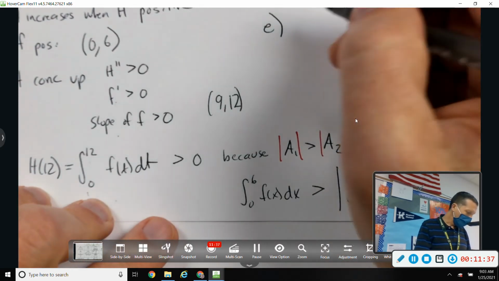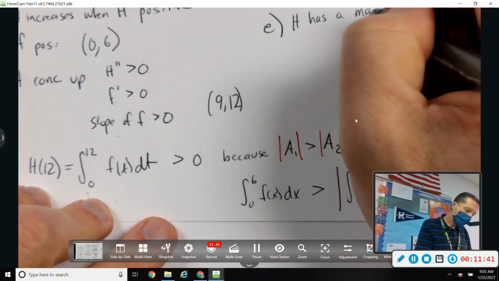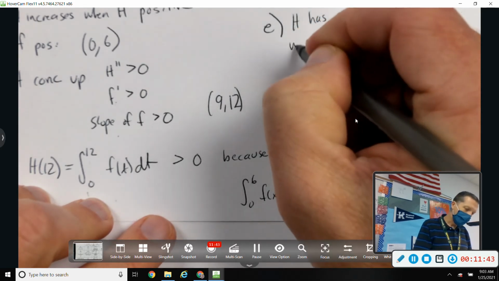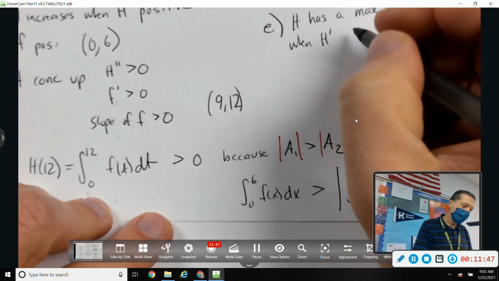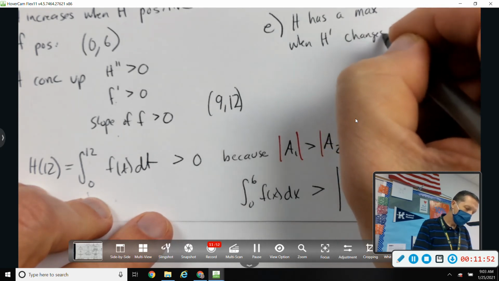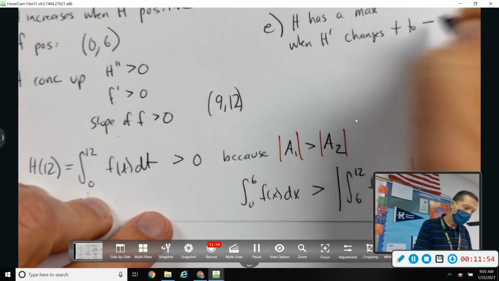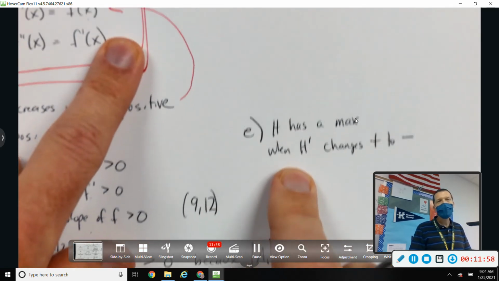h achieves its maximum when h prime goes from positive to negative. And we already said that h prime is equal to f, so I don't need to say it again.